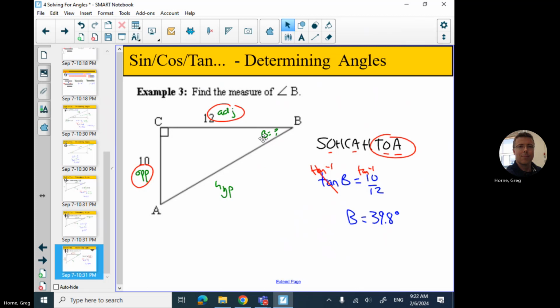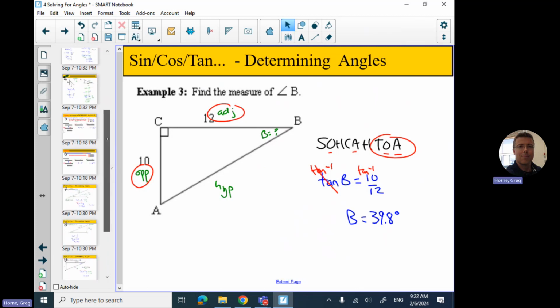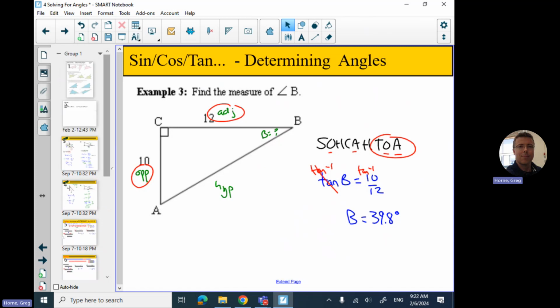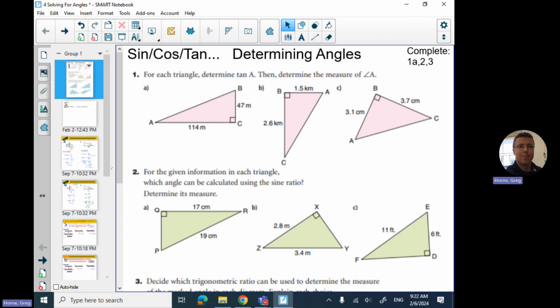Okay. So that's the scoop on how to solve for angles. I usually just separate it into a separate lesson just to make sure we can get the hang of the buttons and so on. So the first page is your assigned work for this and practice. Notice in the first question, they're looking for you to determine tan of A. I just did question 1A, right?